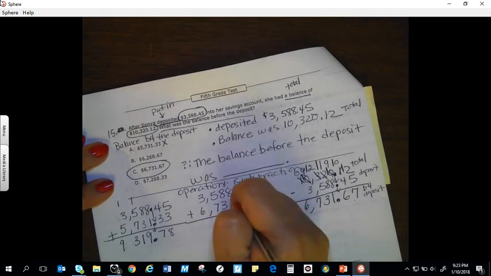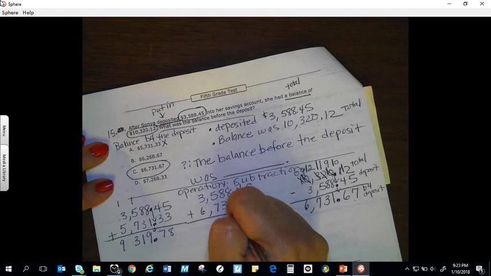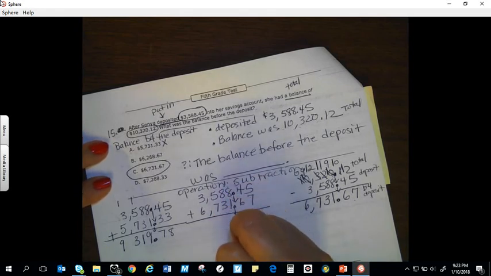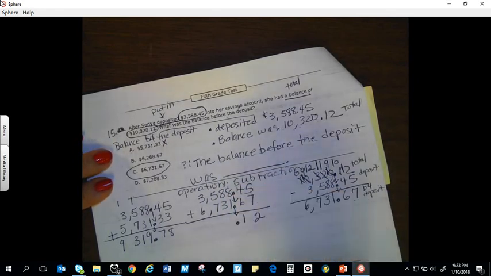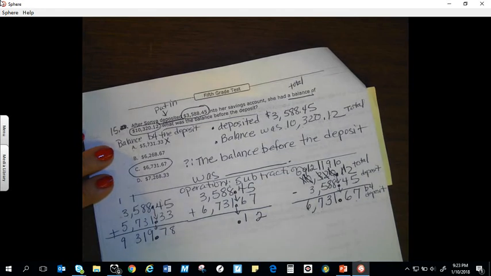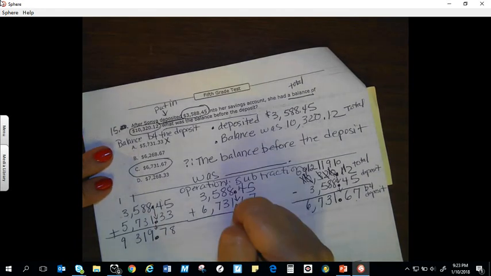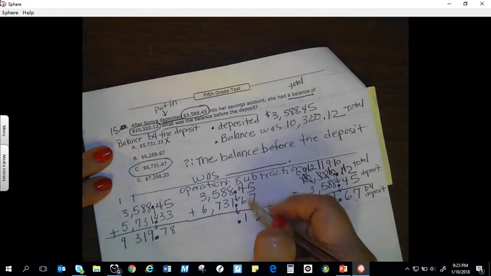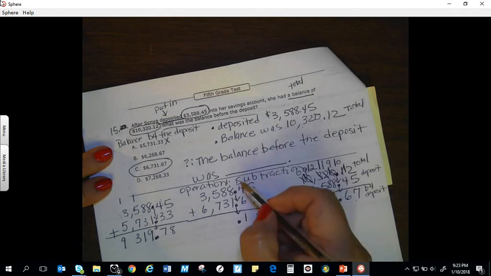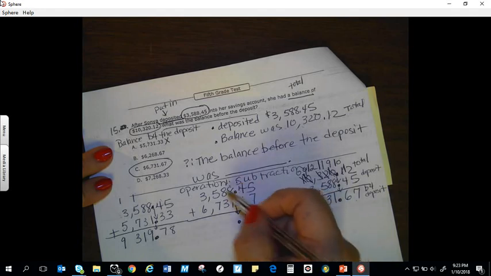Carry my 1. There's my decimal again. And I always draw my arrows. That is very habitual. I've done that for years. It's a reminder, tells my brain, do something with that decimal. Don't ignore it. It's really important. Okay, so I had to carry my 1. 8 plus 1 is 10, plus 1 is 11.